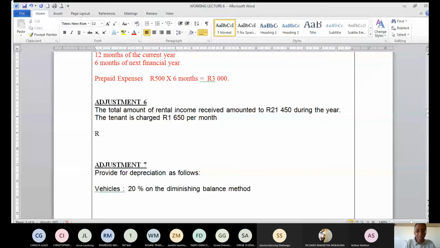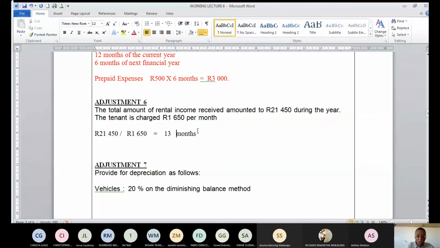So you take the 21,450, and you divide that now by 1,650. So if you take now 21,450 and you divide it by the 1,650 that he pays per month, you will see that the tenant actually paid for 13 months. So the tenant paid therefore for 13 months.